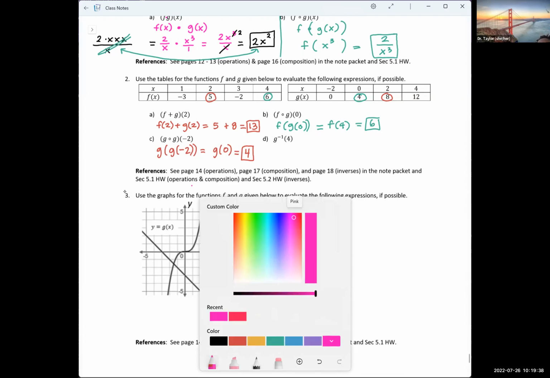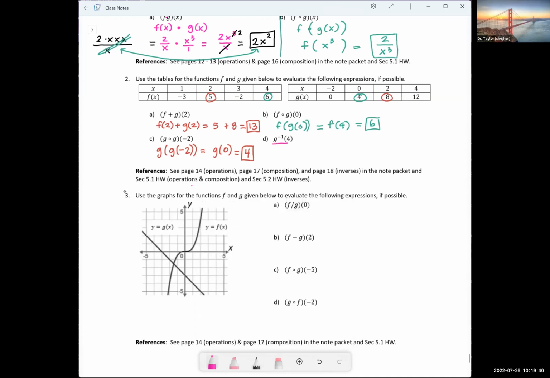Okay. G inverse tells me that I don't actually have that table. So for the people that need to see the inverse table, I'm going to write the inverse table. The inverse table literally just says switch all of the values from the top to the bottom.